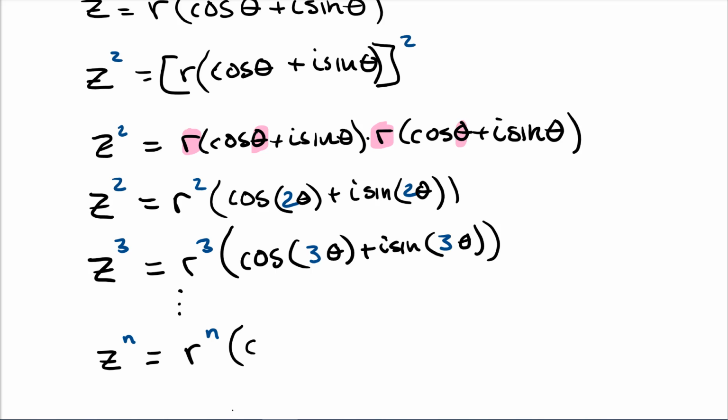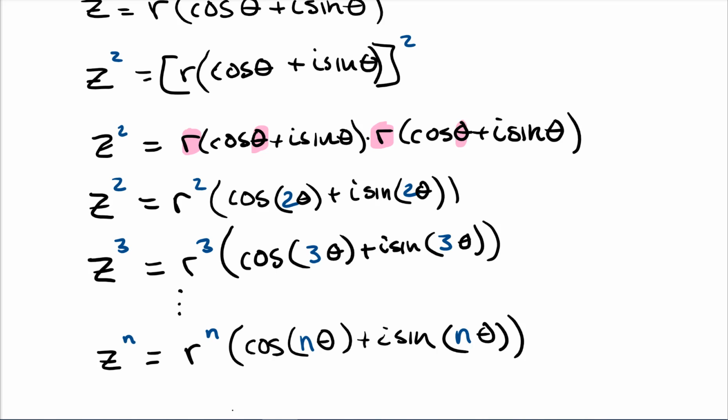So whatever you do to the function, you're going to do to the radius. If you're squaring it, it'll be squared. If it's cubed, it'll be cubed. But then inside the arguments of our trig functions, we're just going to be multiplying our angle by whatever the power is. And there it is.